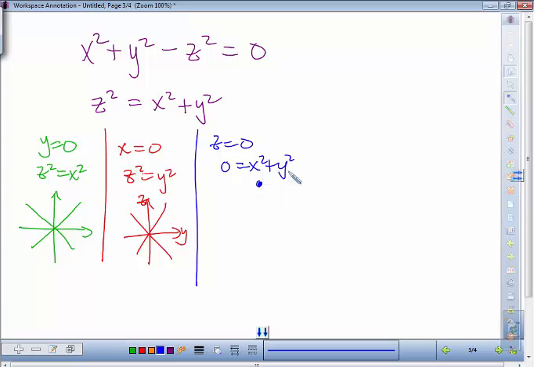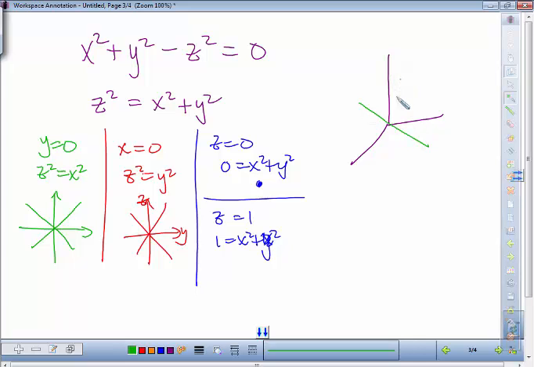X is equal to 0, y is equal to 0, and in this case z is equal to 0. When z is equal to 1, you get 1 is equal to x squared plus y squared, which you know to be a circle, etc.